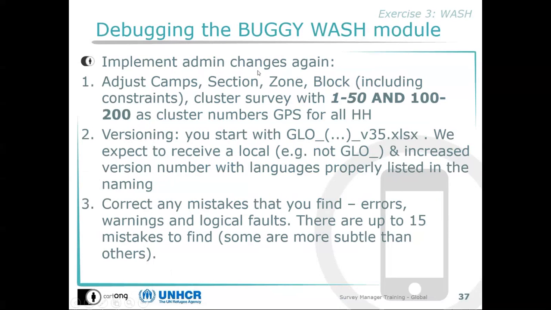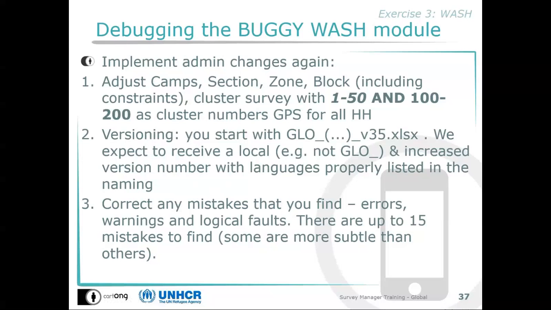Those have also not been done properly in the file that you're going to receive: the cluster numbers, the GPS for all households, the versioning, the language properly listed, and so on and so forth, since this is something that you will always need to do for any XLS form, global form that you're going to get.